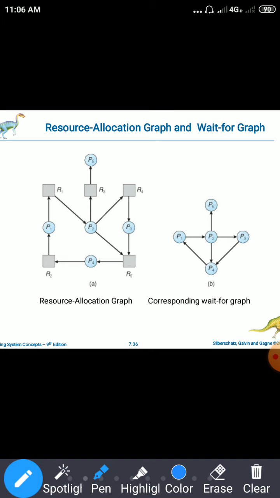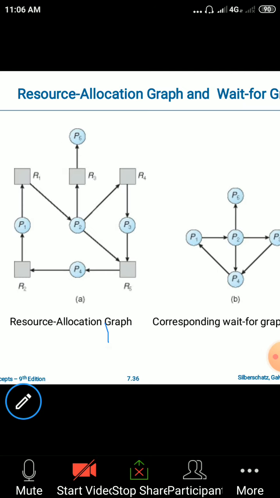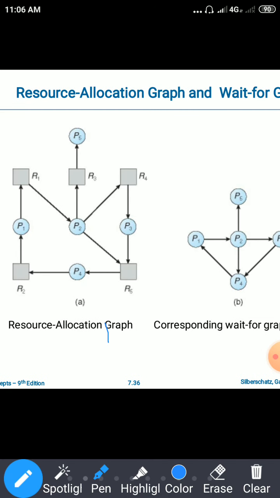After eliminating the resources, how do we represent the edges in the wait-for graph? If there is an edge from P1 to R1 and R1 to P2, then there is an edge from P1 to P2 in the wait-for graph. Understood?